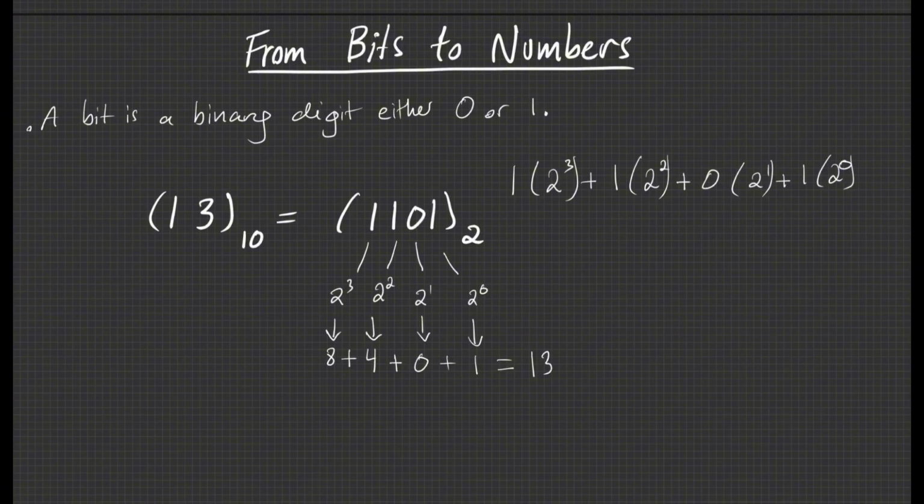For example, in a whole number, the positions would be 0, 1, 2, 3. As I have it drawn out here, because binary is a base 2, it'll be the base to the position.